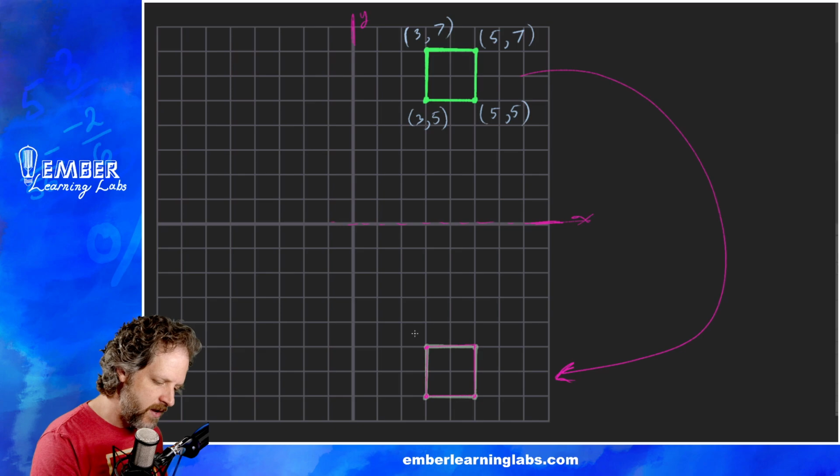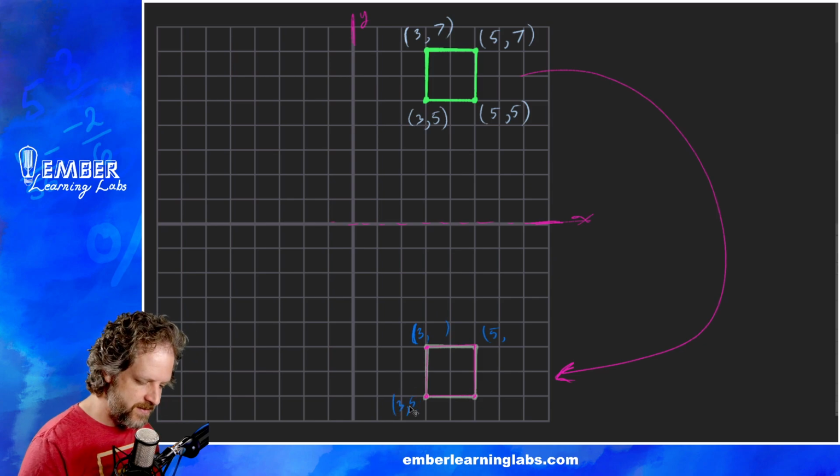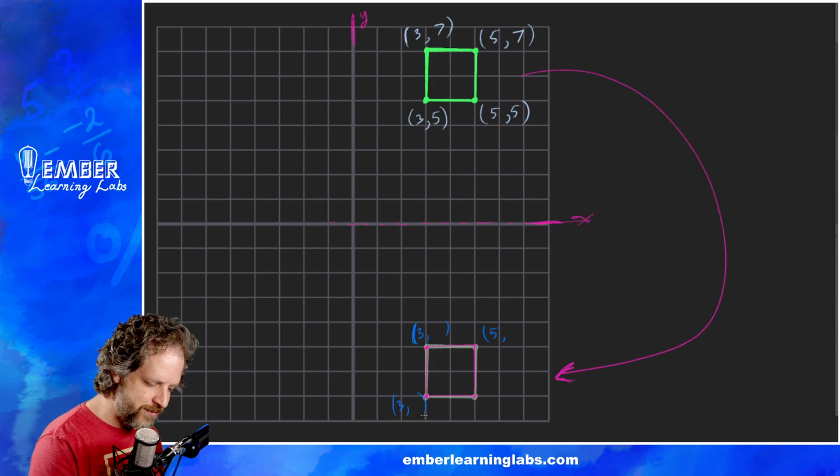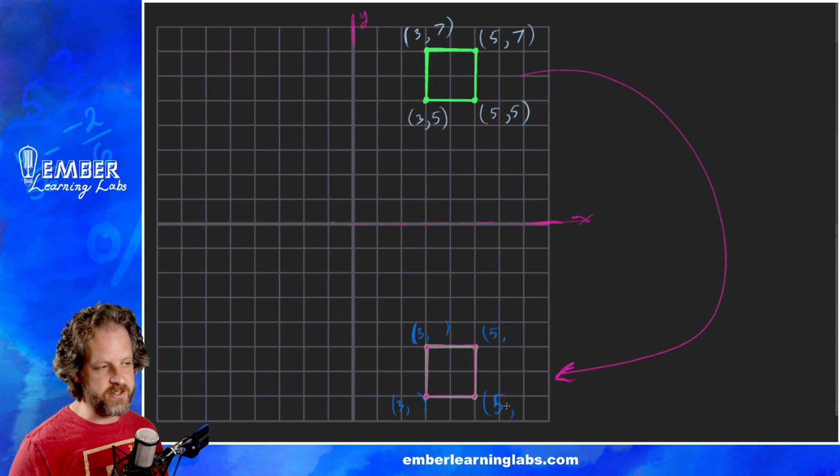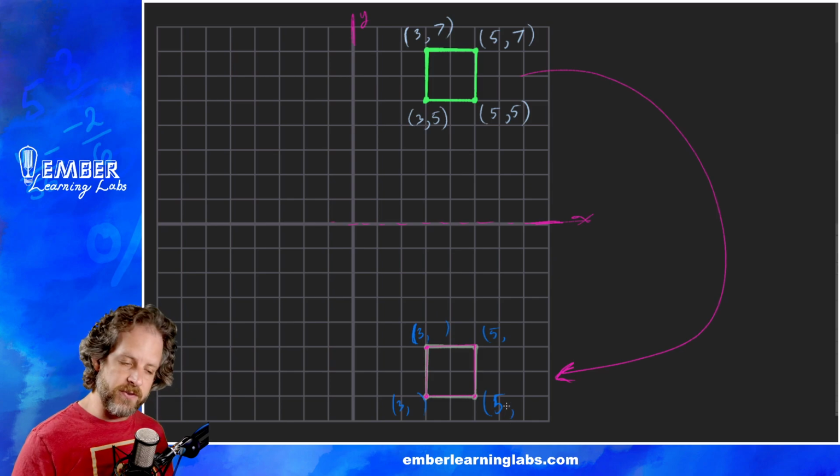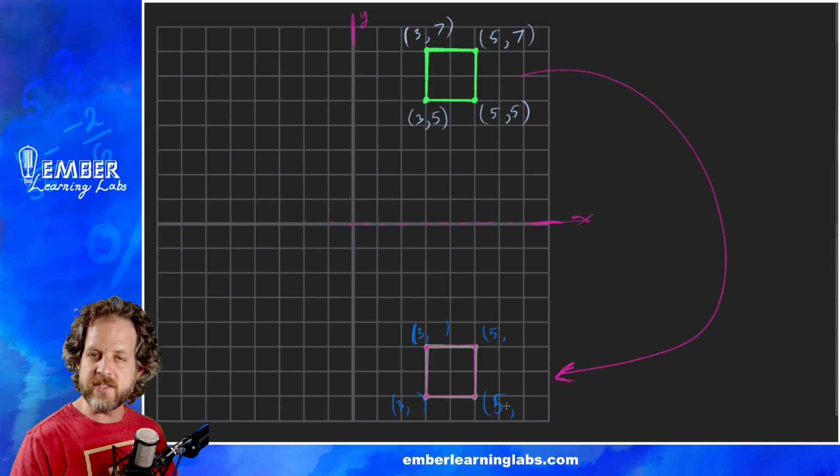So the x on all of these is going to be the same, right? So this one is 3. This one's 5. This one is 3. And this one is 5. So for a reflection, the x part always stays the same.